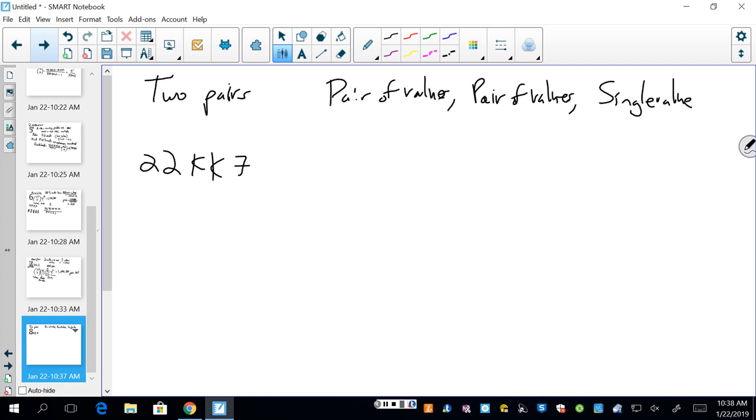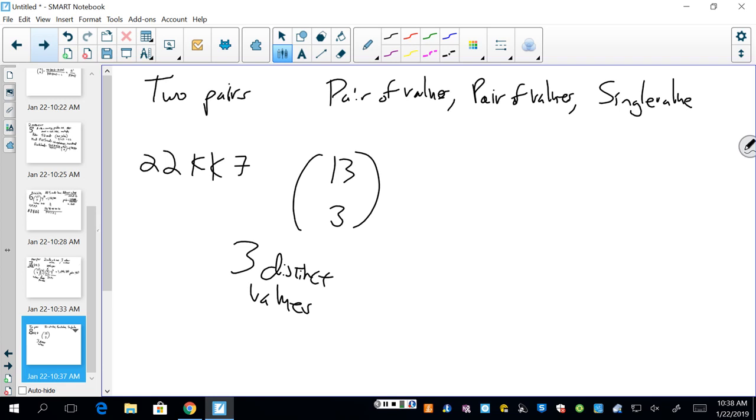Do you start with 13 choose 3? You can start with 13 choose 3. So we need 3 distinct values. You have to choose the 2, the king, and the 7, something like that. There's a little difference between how those values show up. Some come in pairs and 1 as a single.